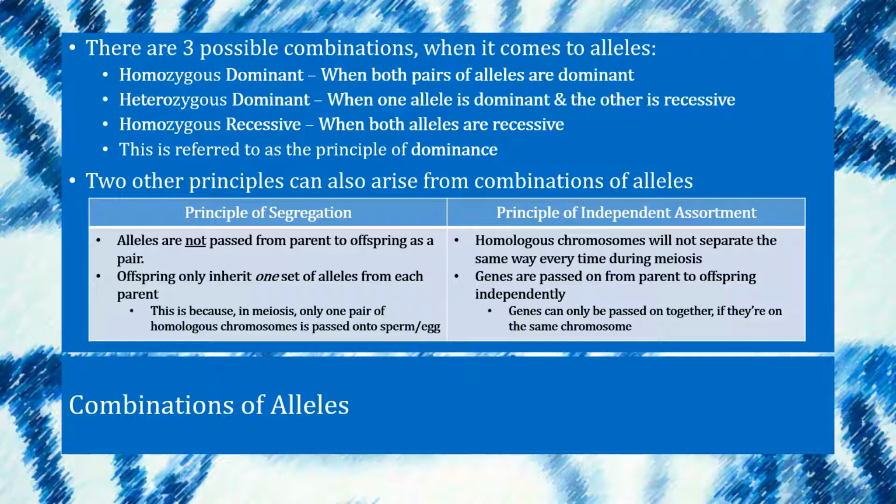Now, the principle of independent assortment. This refers to the step of meiosis called metaphase. In metaphase 1 and metaphase 2, the chromosomes line up in the middle of the cell, and they don't line up in the same order every single time. It's completely random.